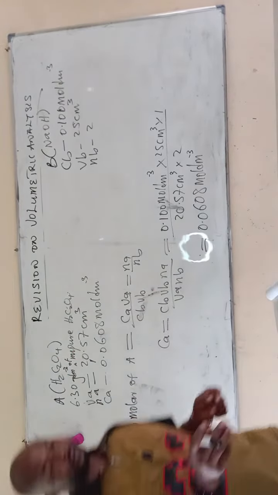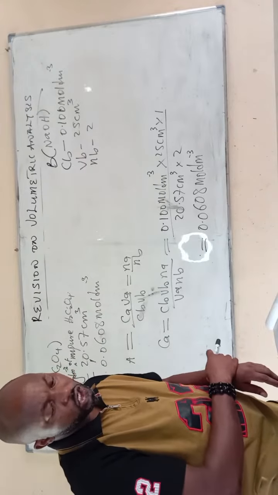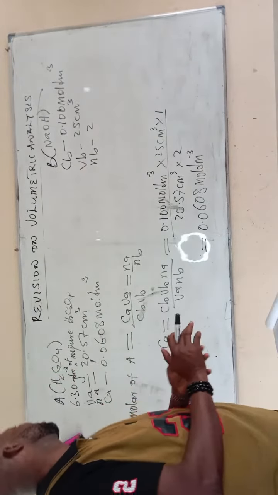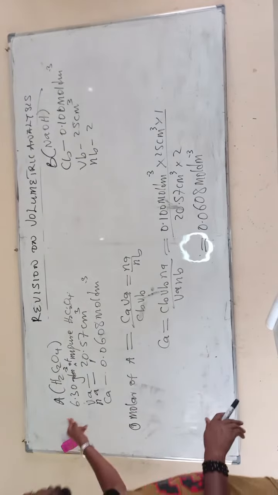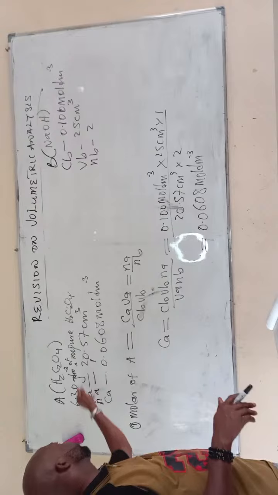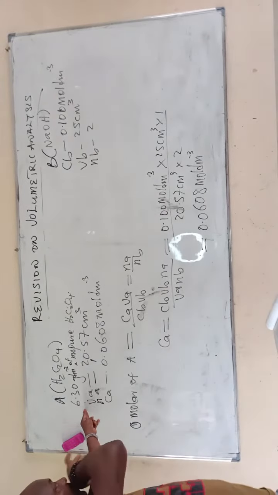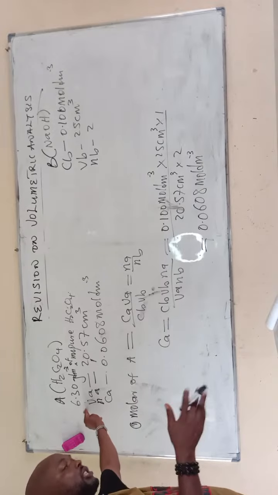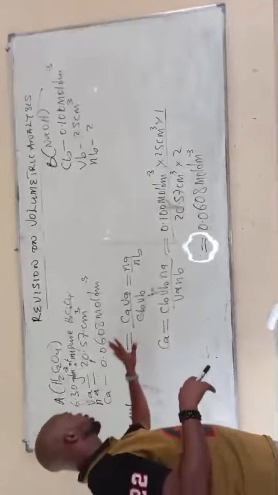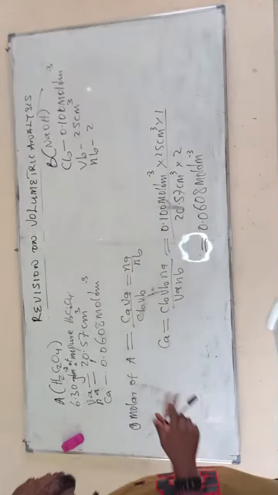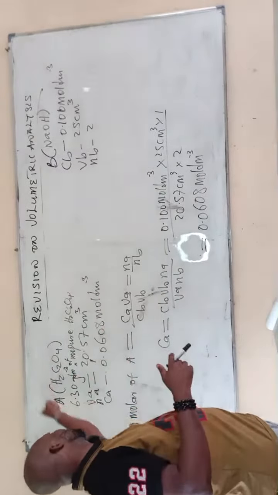Next question. It says concentration of solution A in g/dm³. Remember, like I told us earlier on, the mass concentration of the impure is given. We have to calculate that of pure. The mass concentration of the pure is molar concentration times relative molecular mass.